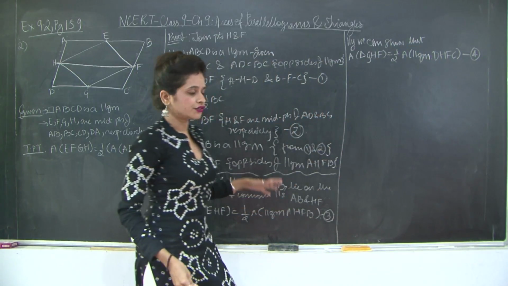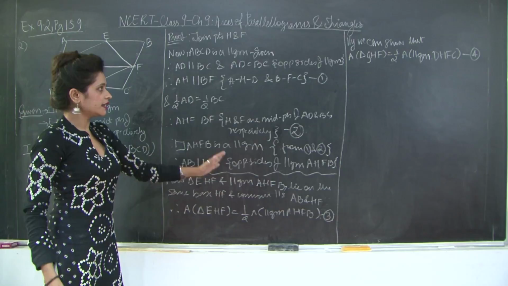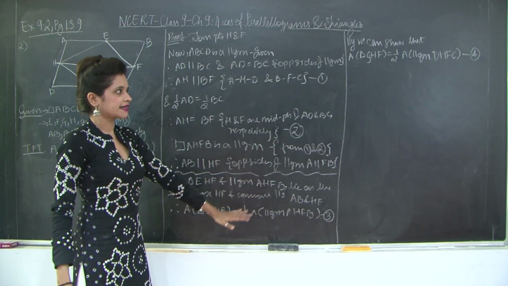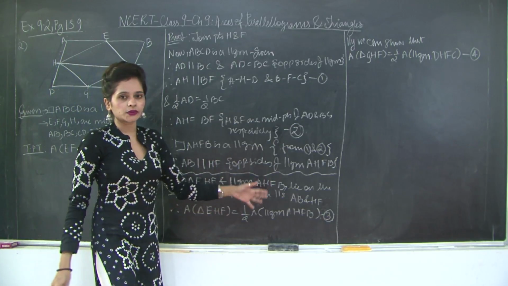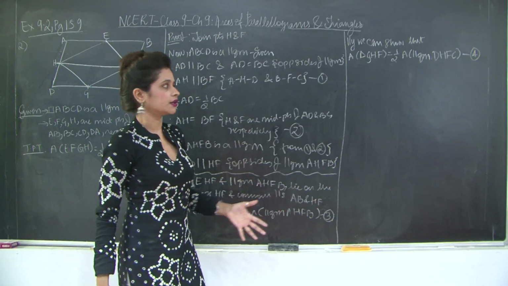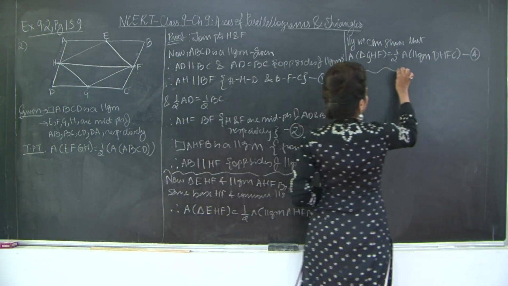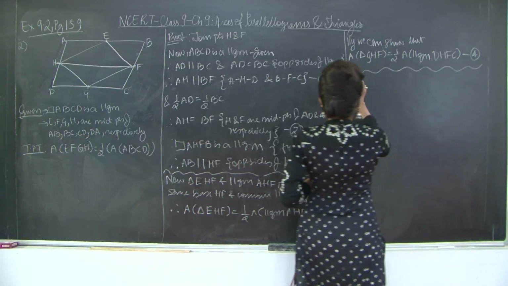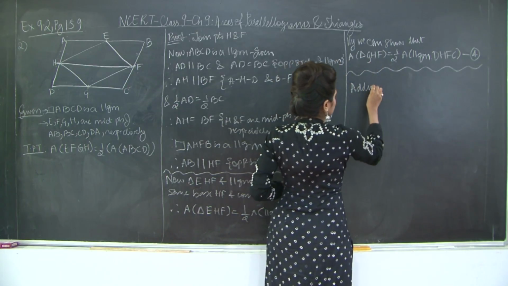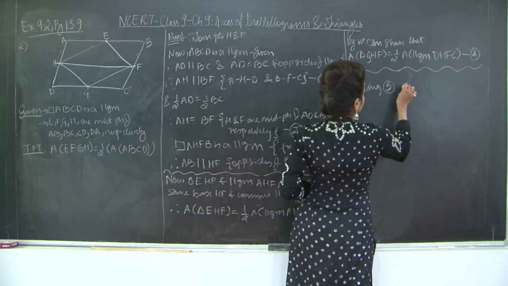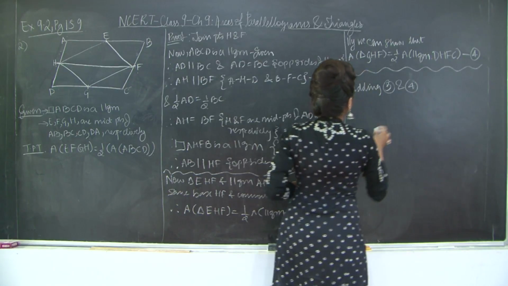Now, if you add 3 and 4, you will add the left hand side to the left hand side and the right hand side to the right hand side, because when equals are added to equals, the wholes are equal. So, adding 3 and 4, what do I get?